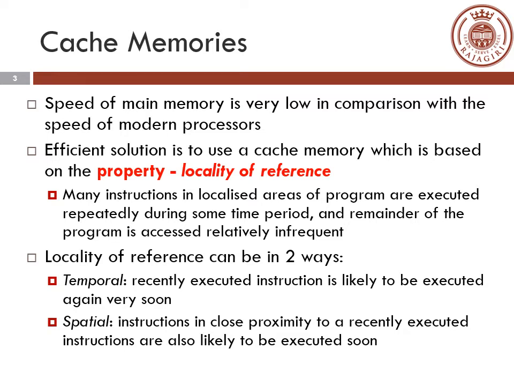So if you are able to bring those instructions to the cache, such that the processor can access them directly from the cache, that will again improve the performance. So there are two types of locality of reference. The first one is temporal and the second one is spatial.